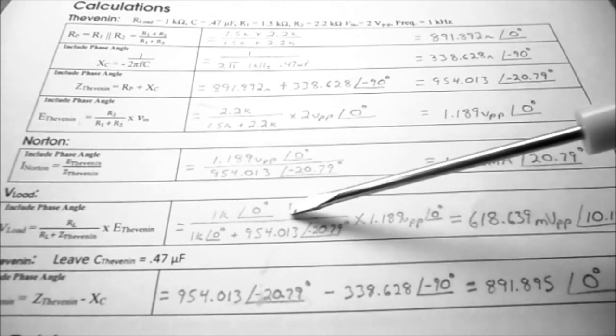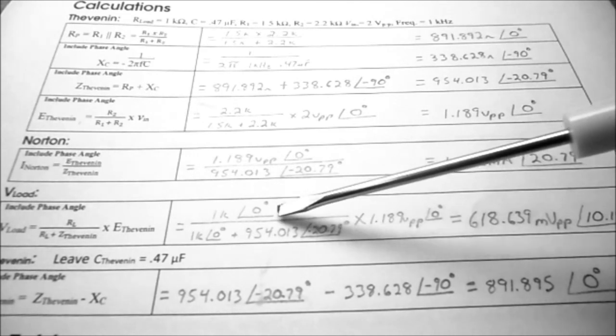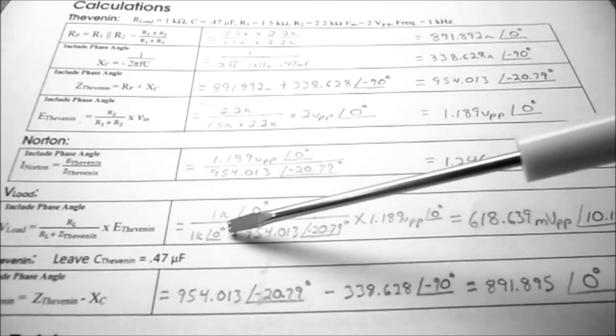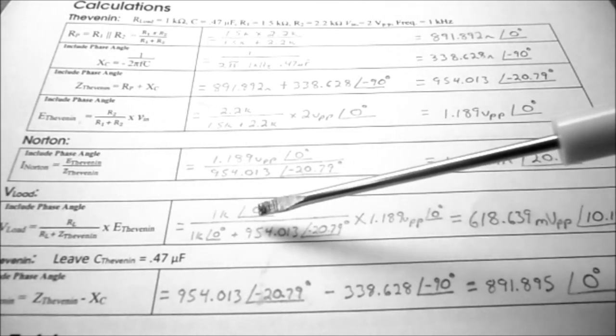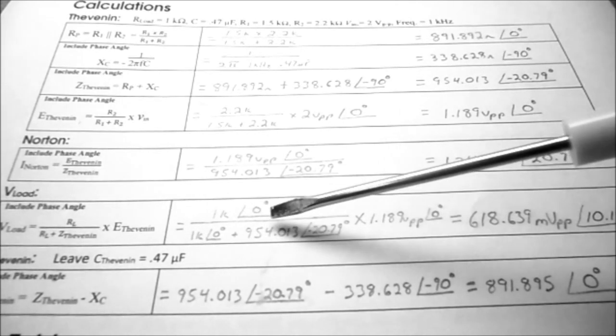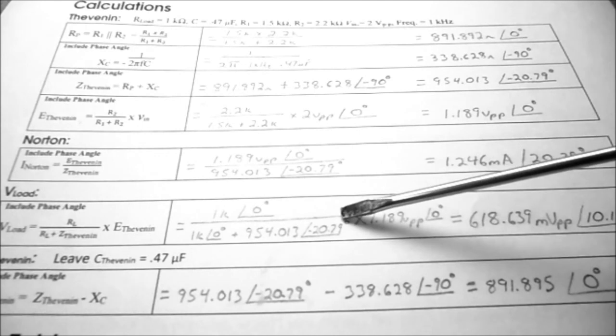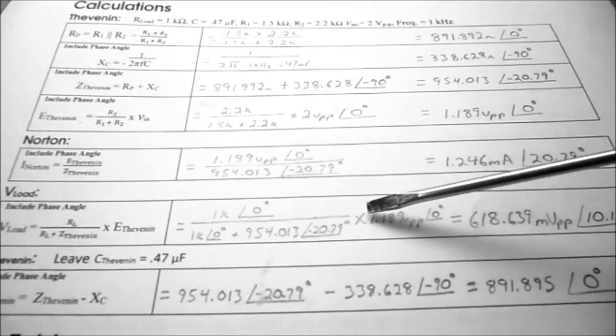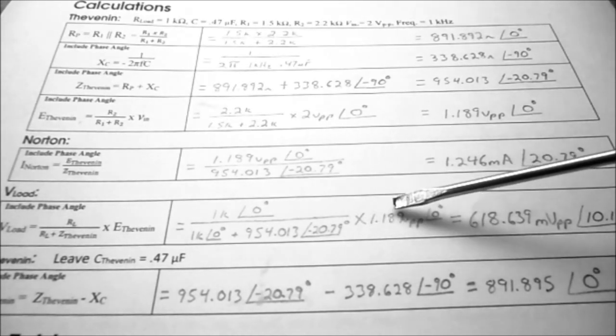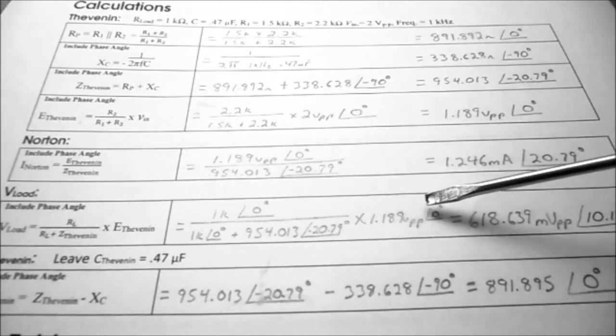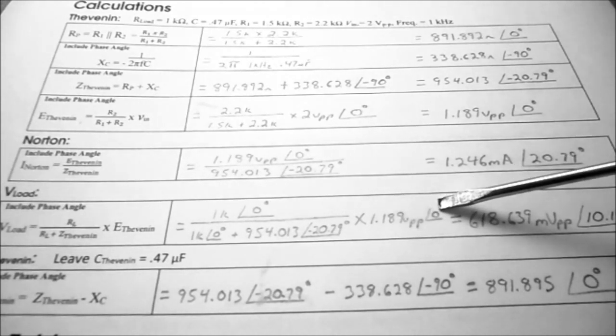So the formula becomes 1K, and remember it's at an angle of 0 degrees, divided by 1K at an angle of 0 degrees, plus 954.013 at an angle of minus 20.79 degrees. We multiply this by Thevenin's voltage of 1.189 volts peak to peak at an angle of 0 degrees.